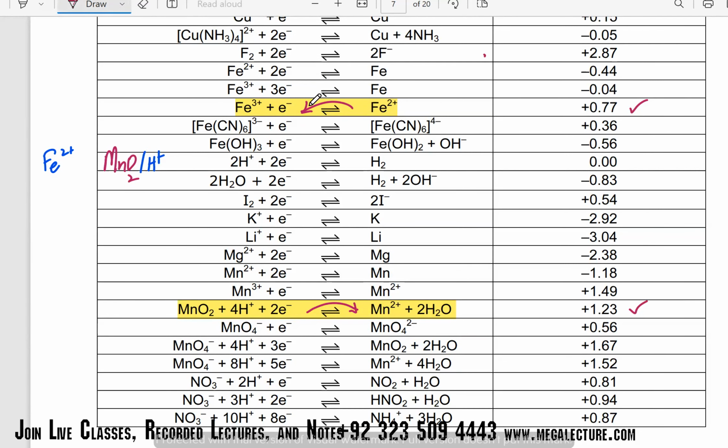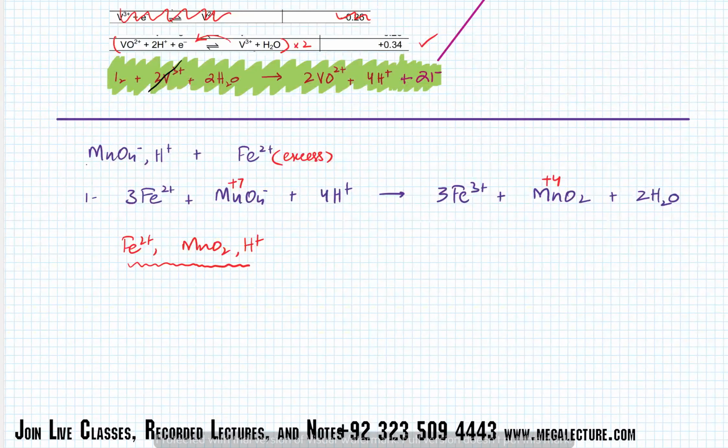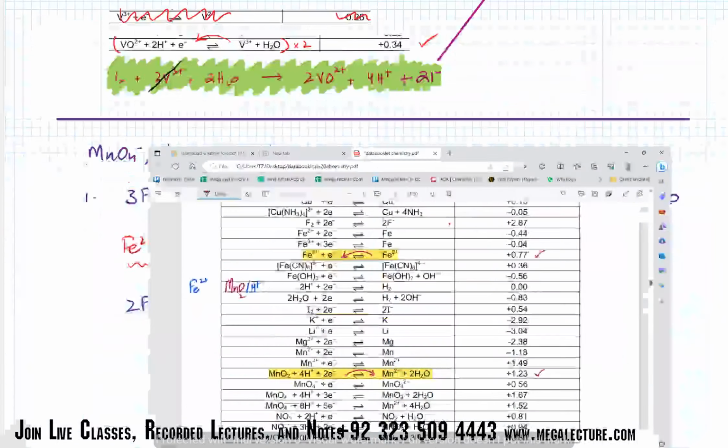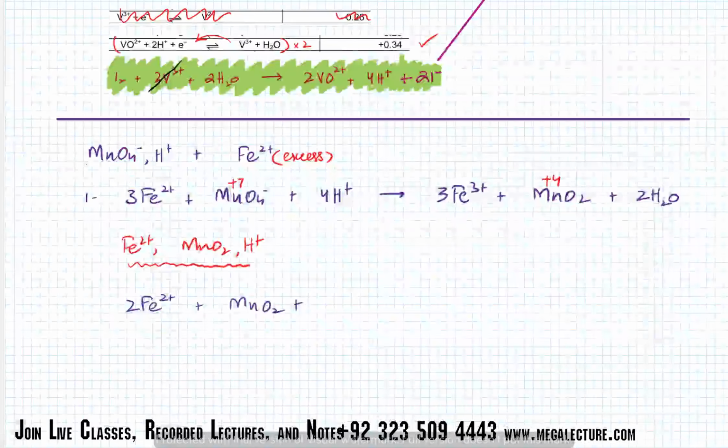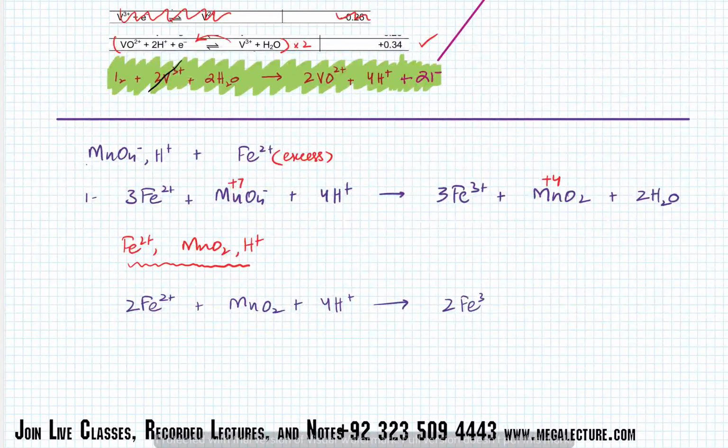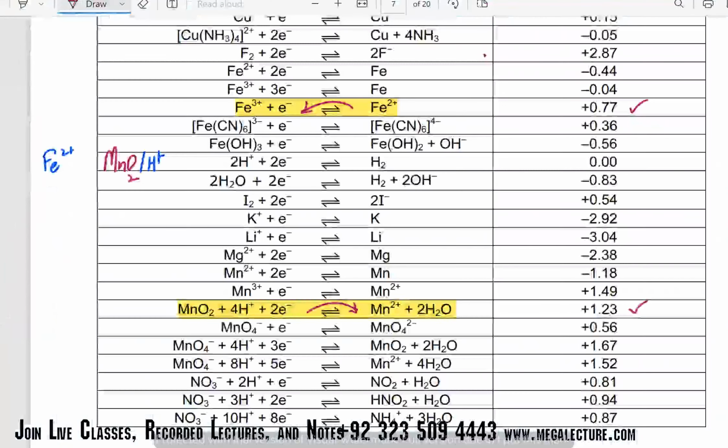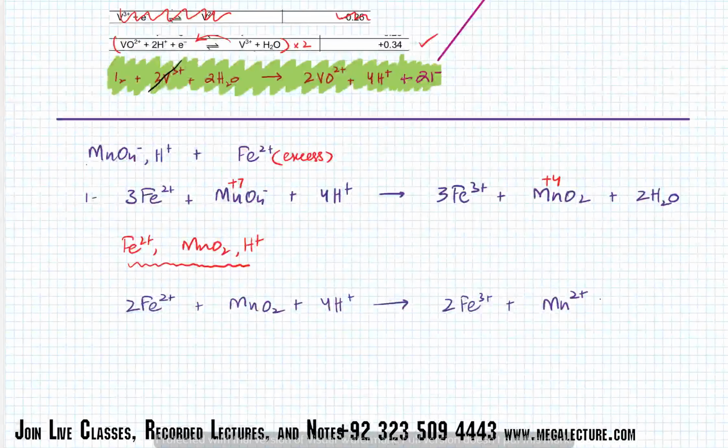So I think this has to be multiplied by 2 because electrons need to be balanced. So it's going to be 2 Fe2 plus plus MnO2 plus 4H plus 1, and the product is going to be 2 Fe3 plus, Mn2 plus, and 2H2O.